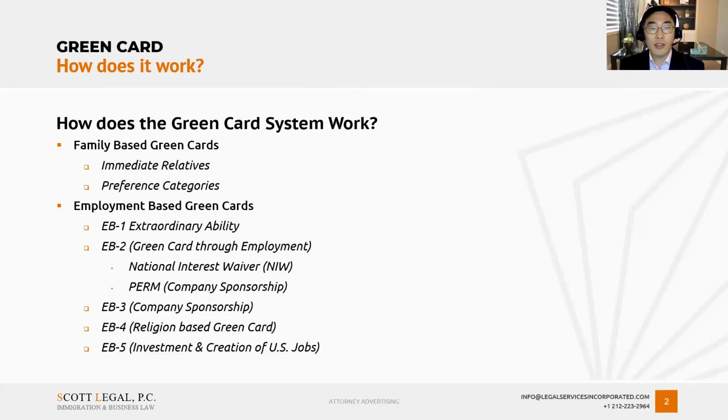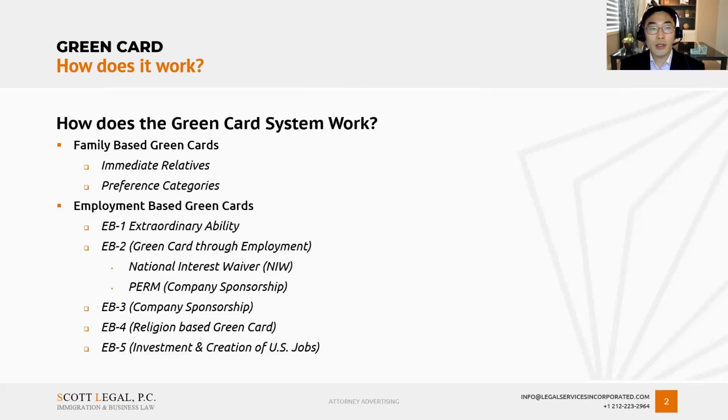Instead, there are several green card categories and you have to simply pick and apply for one based on your eligibility. So for example, even if you live in the United States for 10 years with your TN visa or E2 visa, it does not automatically lead to a green card.